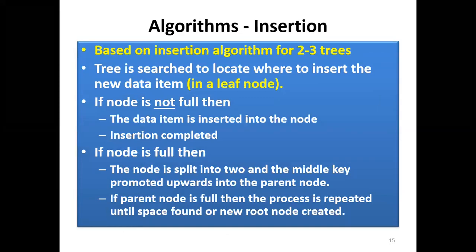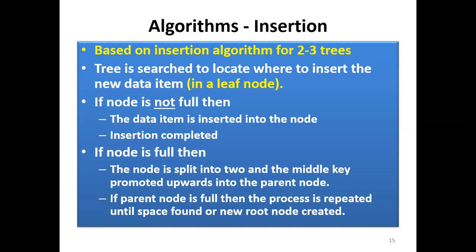Then another operation is the insertion operation. For insertion in a B-tree, it is similar to the 2-3-4 insertion operation. The tree is searched to locate where to insert the new data item.